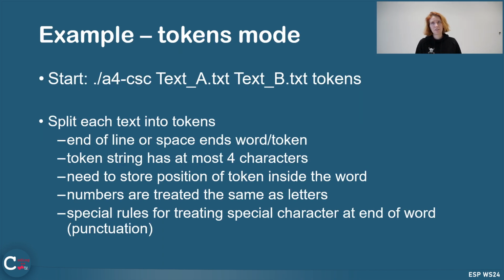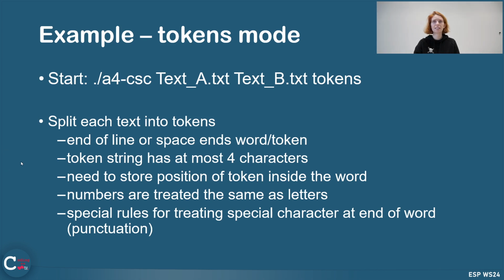Now I will give you an example for what the tokens mode should do and what it should look like. For example, I'm starting this A4 CSC, I give it the path to one text, I give it the path to a second text. These are text files that contain texts with words. Then I tell it I want to start this program in tokens mode.